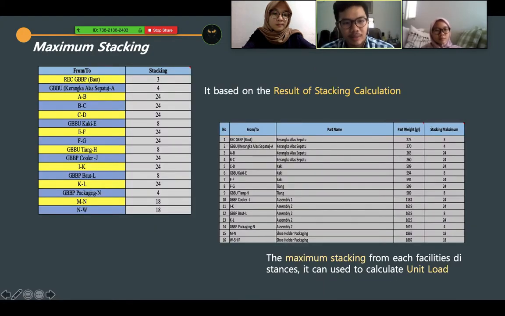This is our maximum stacking. It is based on the result of stacking calculation, and the maximum stacking from each facility's distance can be used to calculate unit load from the table on the left. You can use it for unit load.